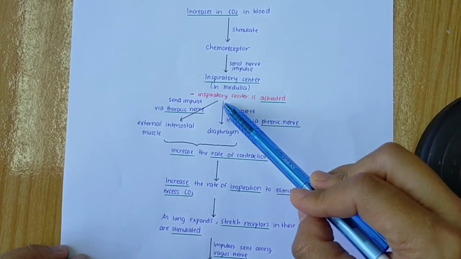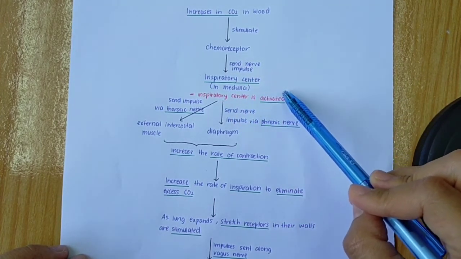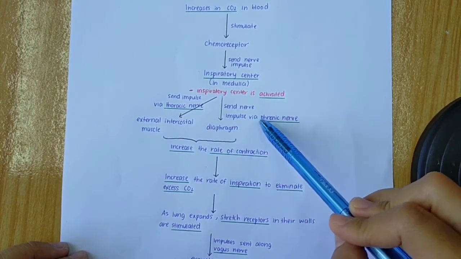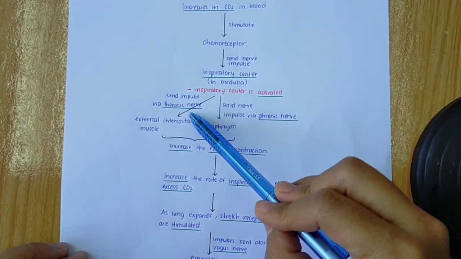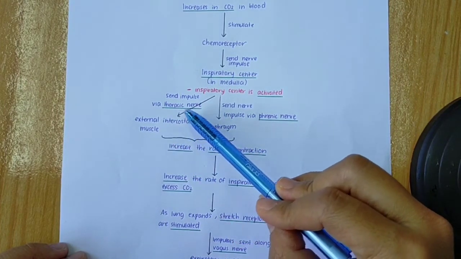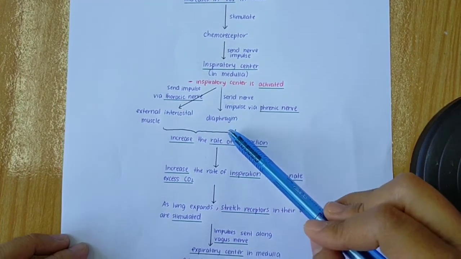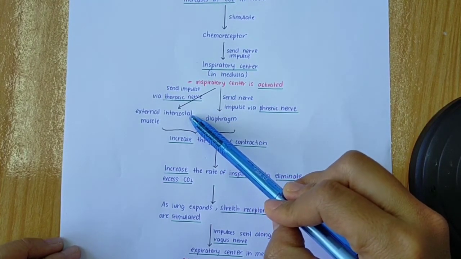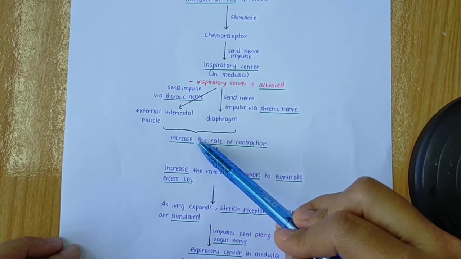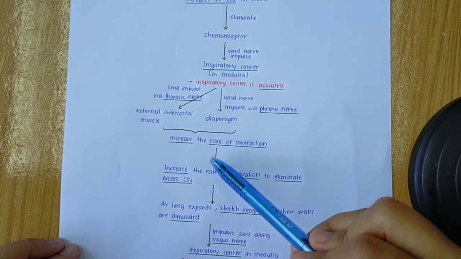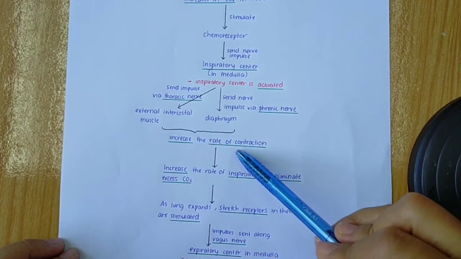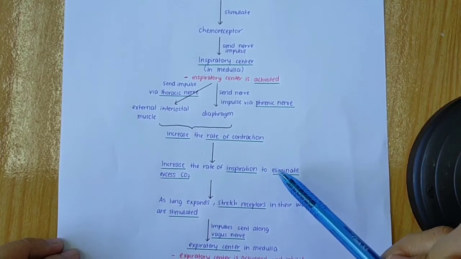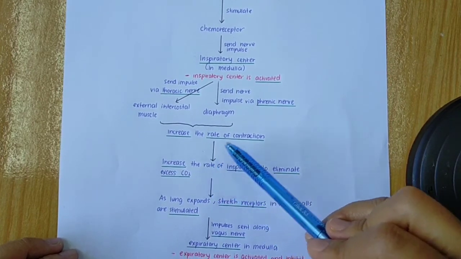Once the inspiratory center receives the impulse, it will be activated and it will send impulse to the diaphragm via phrenic nerve and to the external intercostal muscle via thoracic nerve. So bila sahaja kedua-dua diaphragm dan juga external intercostal muscle receive the impulse, it will increase the rate of contraction and also the rate of inspiration. So inspiration akan berlaku. Kenapa? To eliminate excess carbon dioxide.